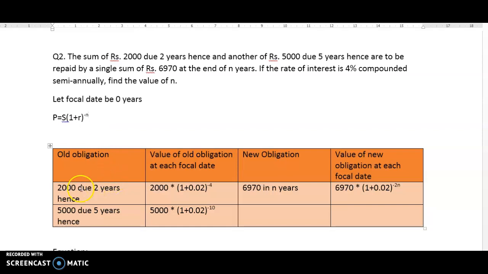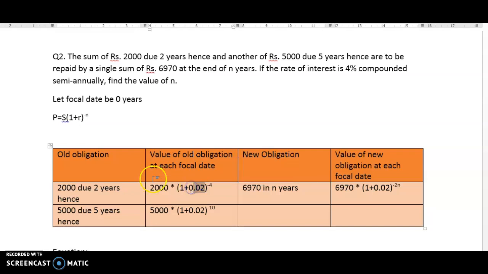Now use it. 2,000 due 2 years hence: this value of 2,000 will be at the end of 2 years, and I have to calculate this value as of the present date. So I'll use this formula: 2,000 times 1 plus 0.02.